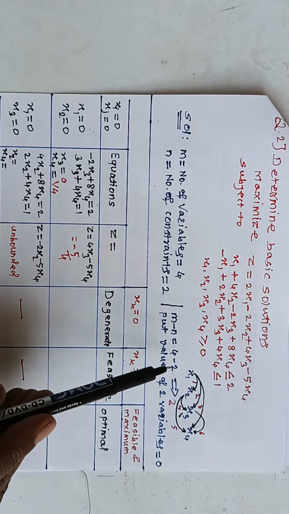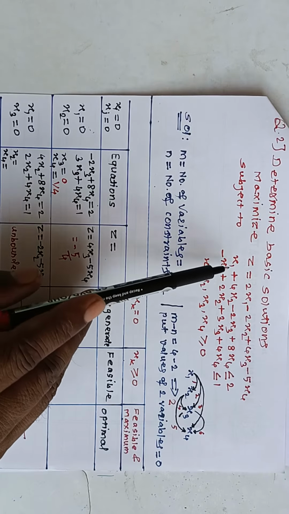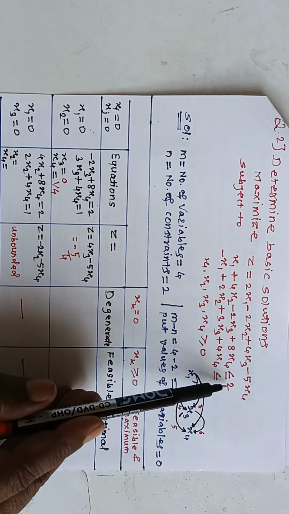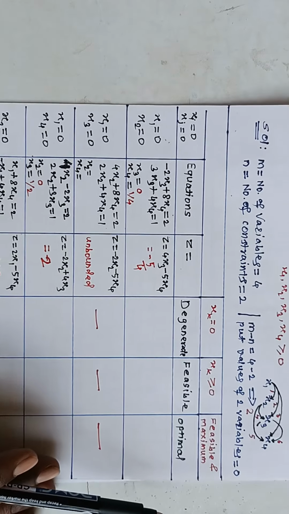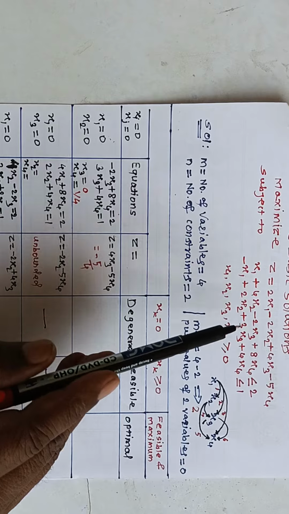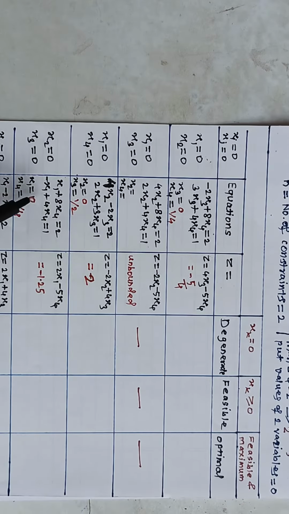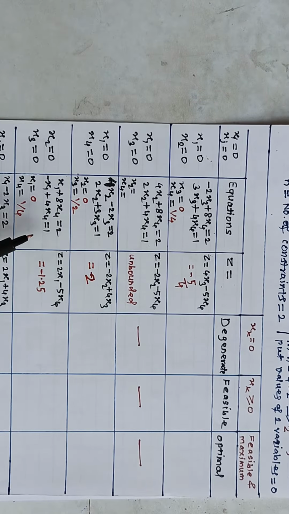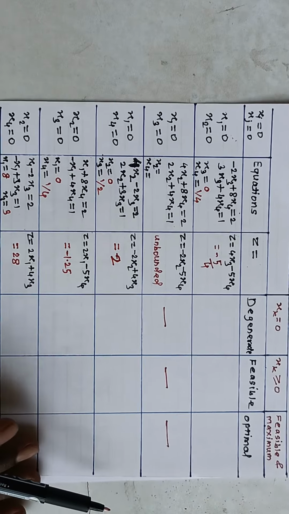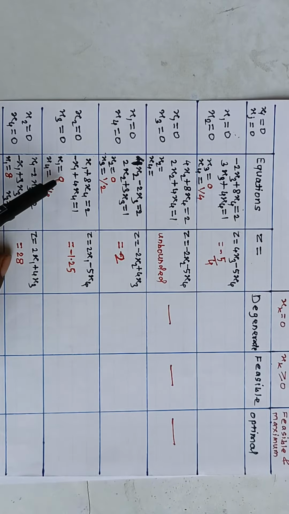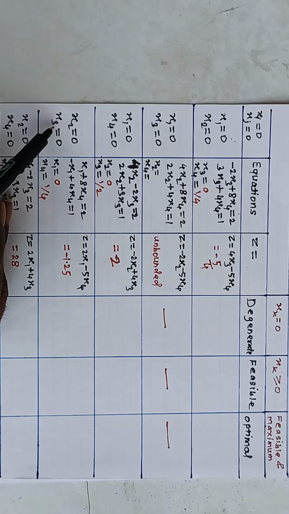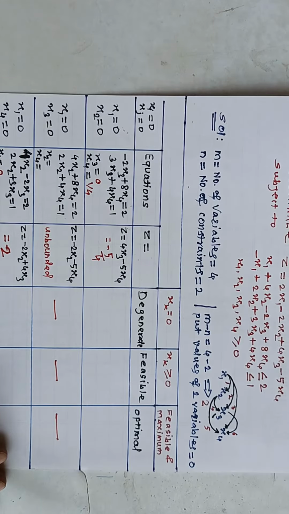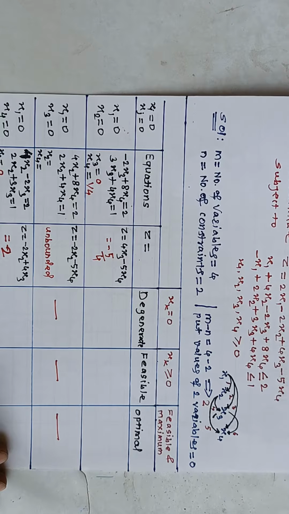So x1 plus 8x4 is equal to 2, and then the second equation will be minus x1 plus 4x4 is equal to 1. If we solve these two equations by using the calculator, we will get x1 is equal to 0 and x4 is equal to 1 by 4. x1 is 0, here already x2 is 0, x3 is 0. So 2x1 minus 5x4.